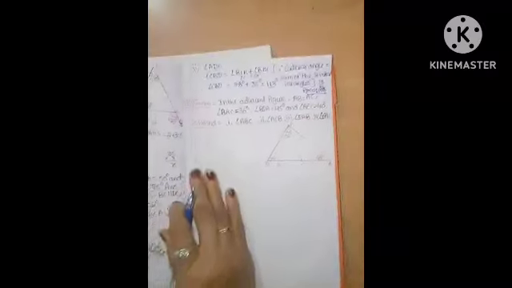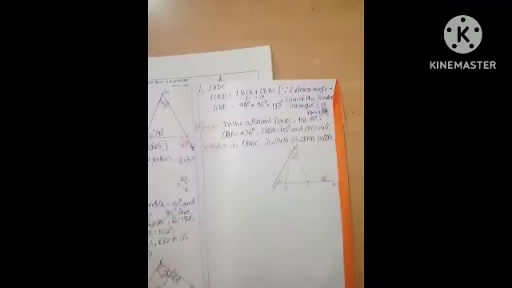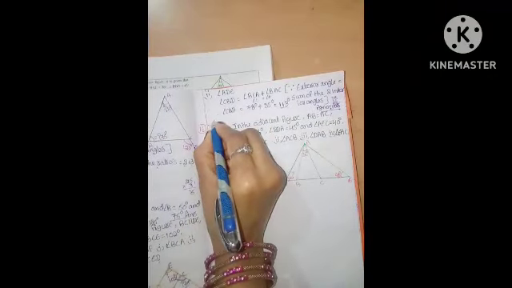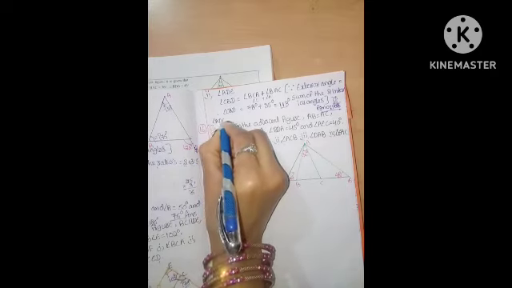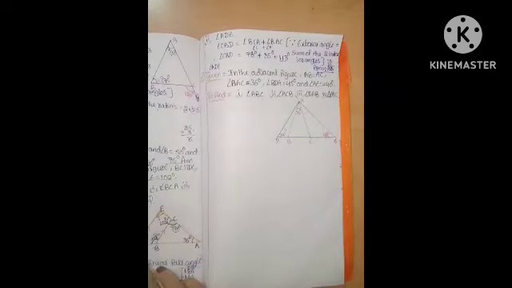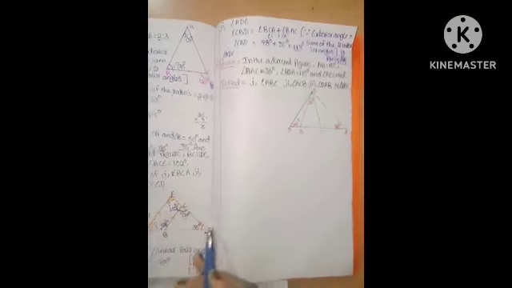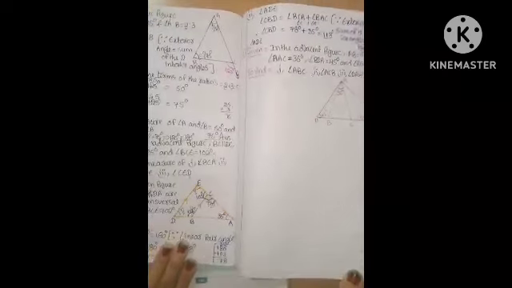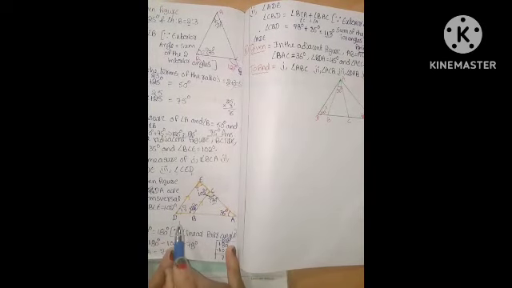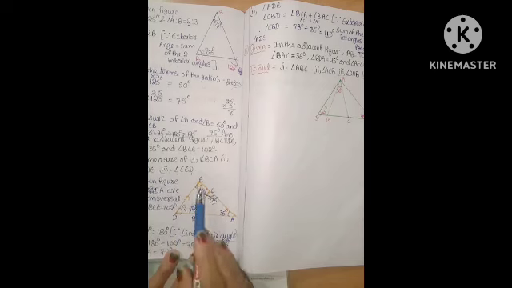But we want angle ADE. How will we get angle ADE? What property are we using in this problem? These two lines are parallel: BC is parallel to DE, and DA is the transversal.